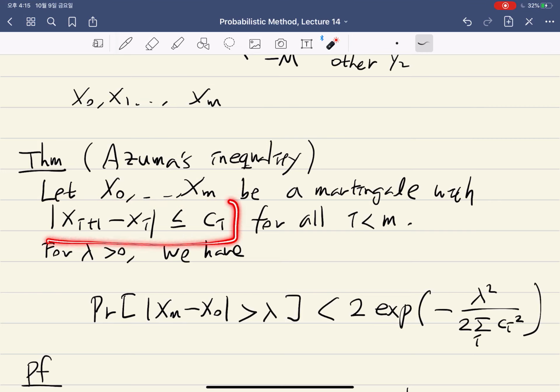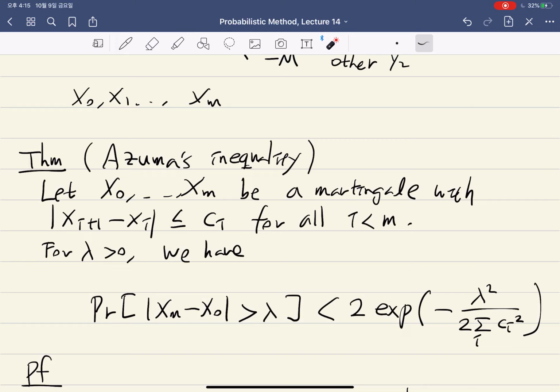Sometimes this is called the Lipschitz condition, depending on this value c. Lipschitz or something. Anyway, we will define what Lipschitz means in a more rigorous way.